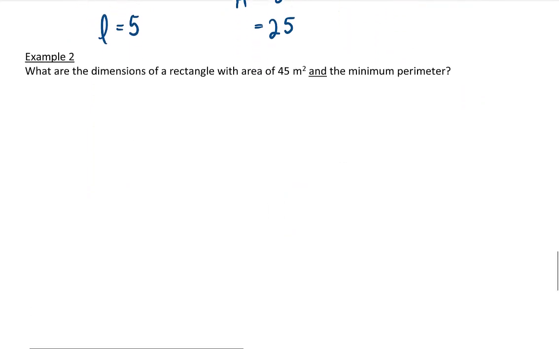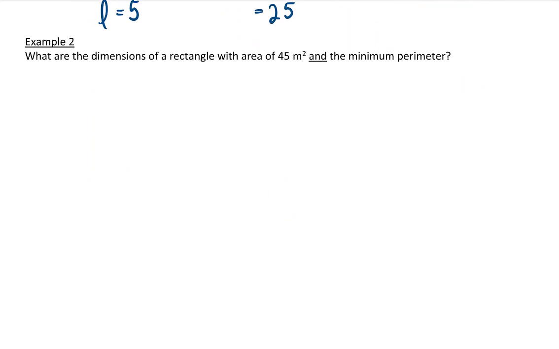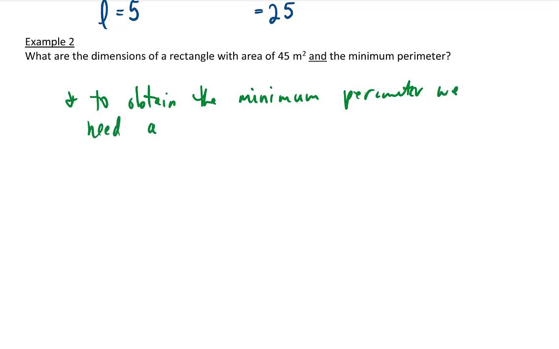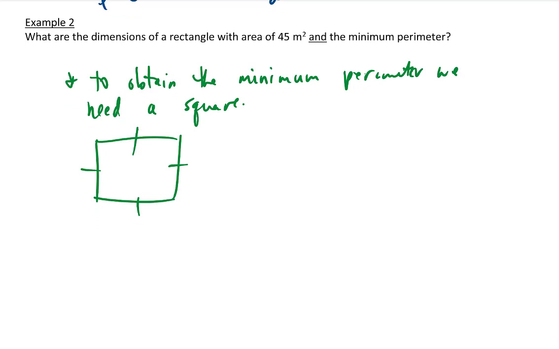All right, let's try one more. What are the dimensions of a rectangle with an area of 45 and the minimum perimeter? So if we want the minimum perimeter, we need to get the shape of a square again. So this time we know the area. So recall that the area of a square is length times width, or in this case, length times length.